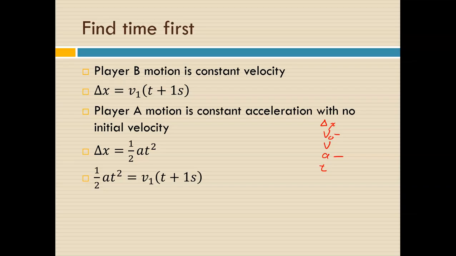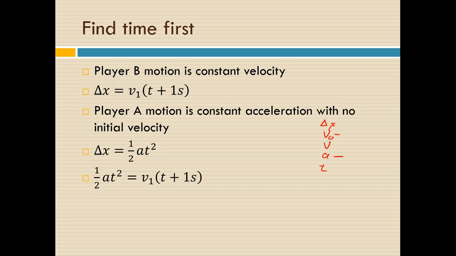Okay. How do we solve this problem? We cannot plug in because we do not know t, do we? So we have to solve for t. Let's get t by itself. Can we? We can.